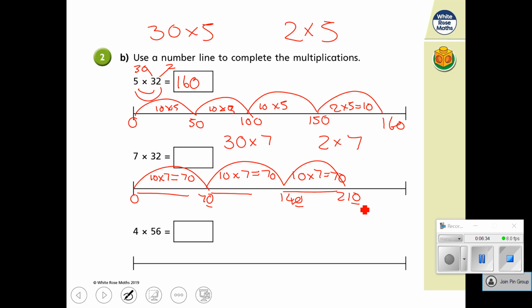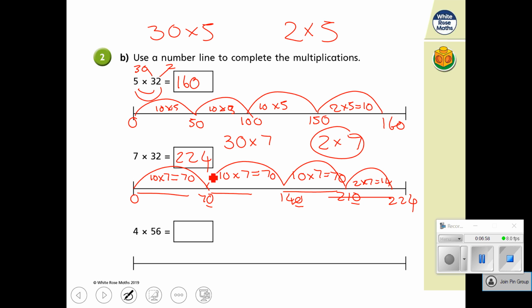But my question hasn't finished yet, because I now need to do the last bit, which is 2 times 7. So 2 multiplied by 7 equals 14. I'm going to add that on to my answer, and my overall answer is 224.